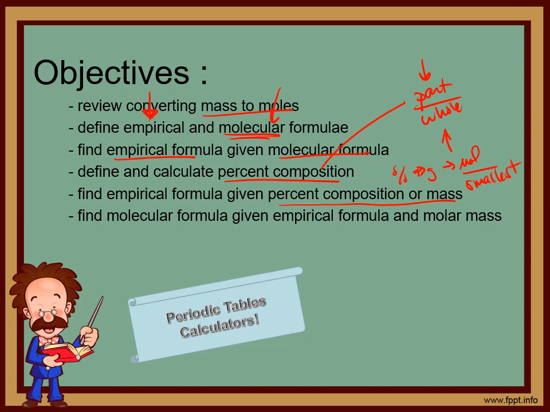And then we found molecular formula if we have the empirical formula and the molecular mass. Find the mass of the empirical formula, divide the molecular mass by the empirical mass, and then use that scale factor to bump up your empirical formula to the molecular formula. You did it. Good work.